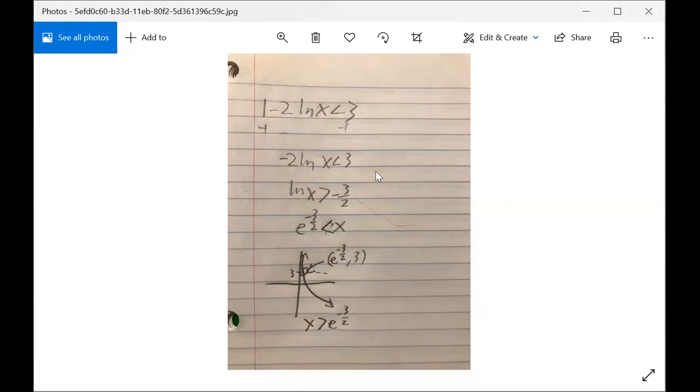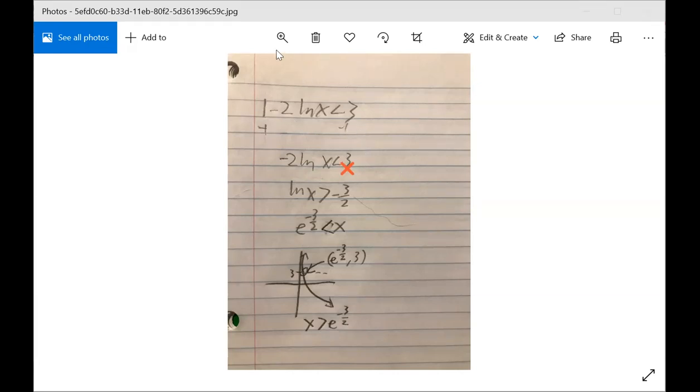Subtract 1. Bailey, after you subtract 1, the right-hand side will have 2 only, right? So this will be 2 because it subtracted 1.